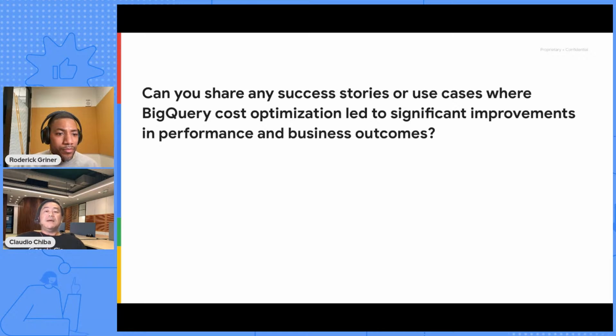Can you share any success stories or use cases where BigQuery customization led to significant improvements in performance and business outcomes? Yes, we have an organization here inside Google Cloud called Professional Services Organization, PSO. They engaged with an e-commerce company, and the customer is a heavy user of BigQuery.